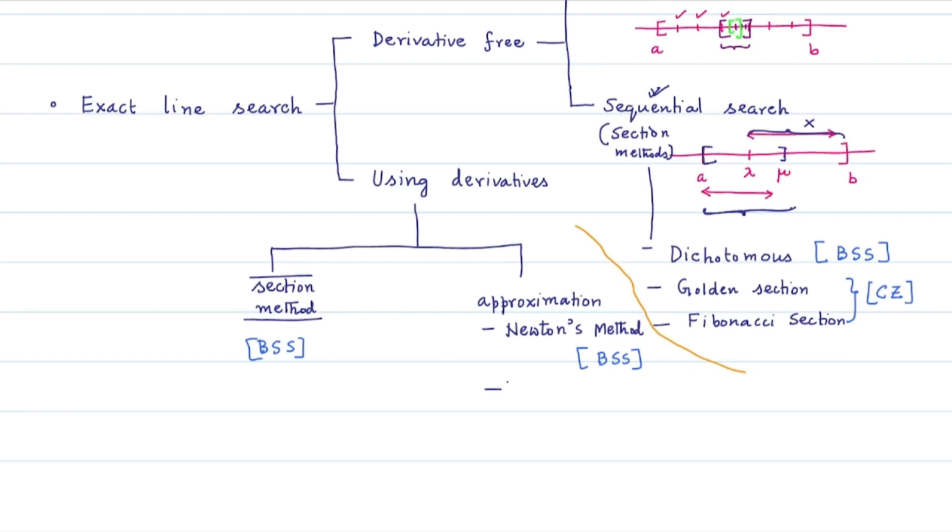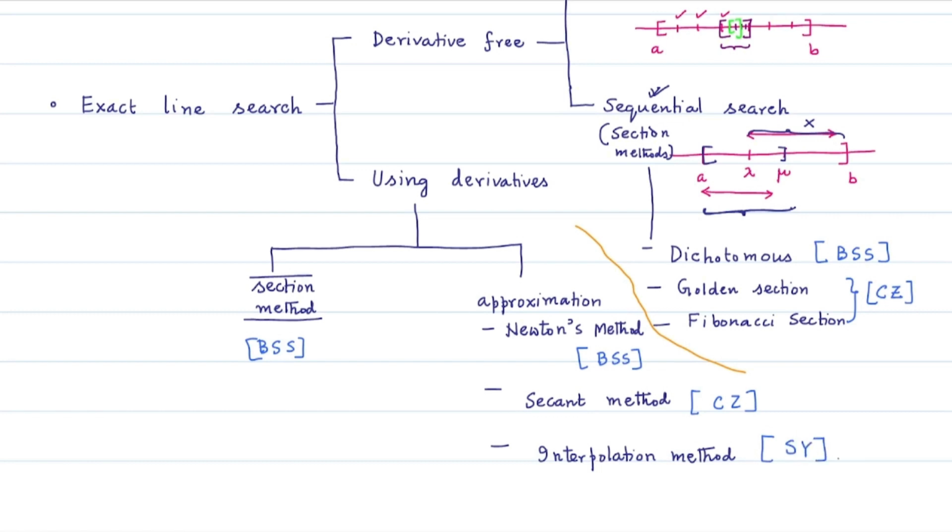Next, the second root finding method for a function of one variable can also be found in the book by Chong and Zak. Another method is interpolation methods. For a detailed discussion on interpolation methods for exact line search, a nice reference is Sun and Yuan's book.